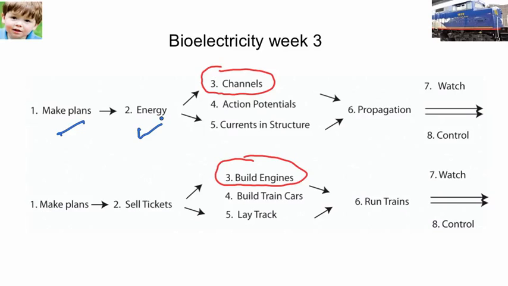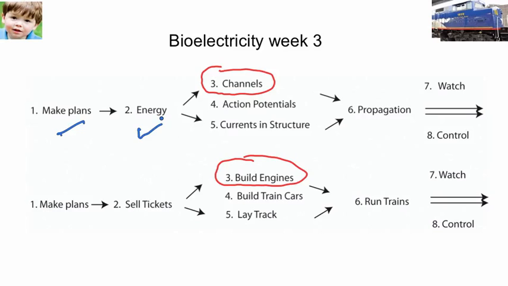There are 3 subjects that we have to talk about. We could talk about them in any order, but I've chosen to talk about them in the order of channels, action potentials, and currents in the tissue structure. So this week our work is about channels. Channels are relatively recently known in bioelectricity.